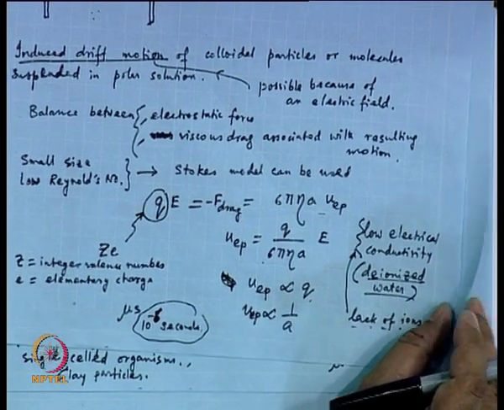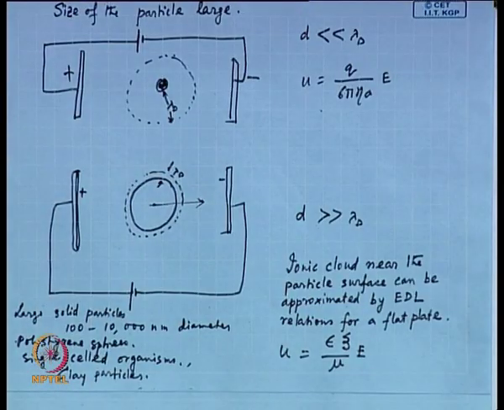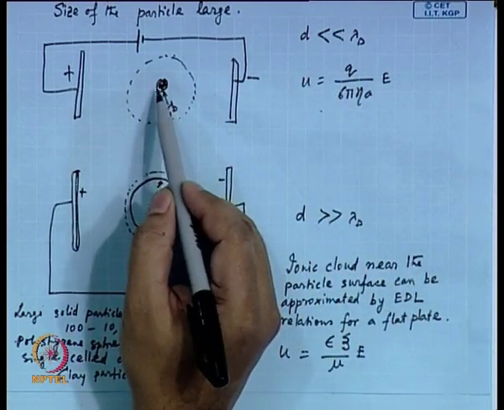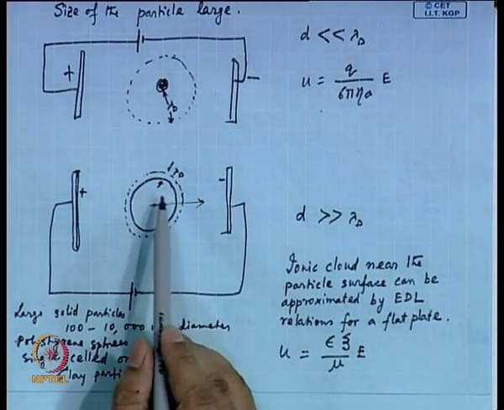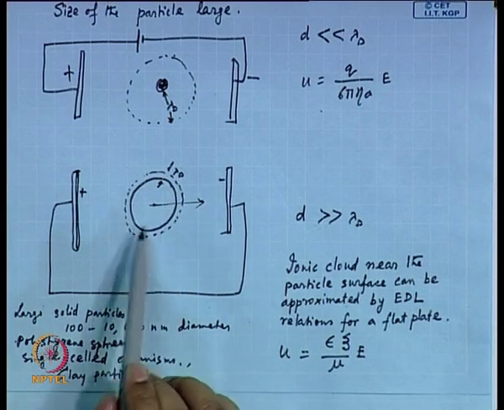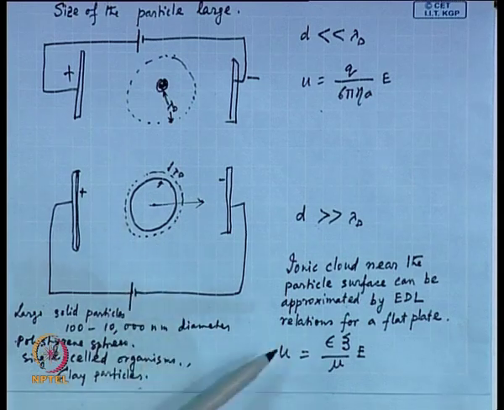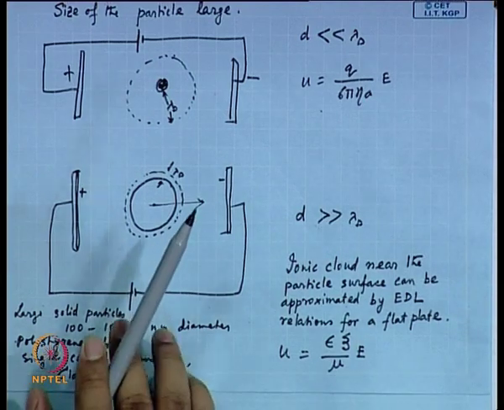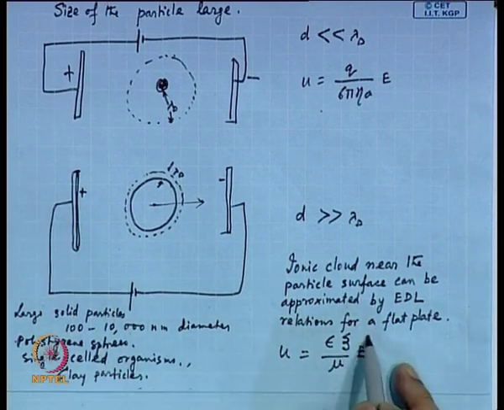So, this formula would be valid when d is much less than lambda d. That means the diameter of the particle is much smaller than the Debye length, whereas when the diameter of the particle is large compared to the Debye length, the ionic cloud near the particle surface can be approximated by EDL relations for a flat plate, and the movement of this layer would be governing the velocity of the particle. So, these are the two equations we have now.